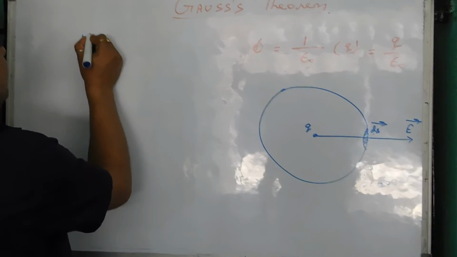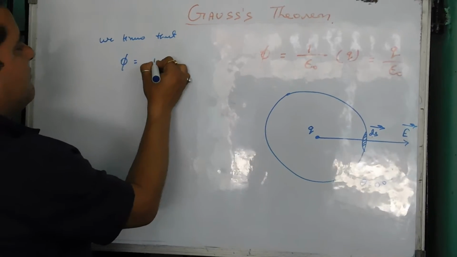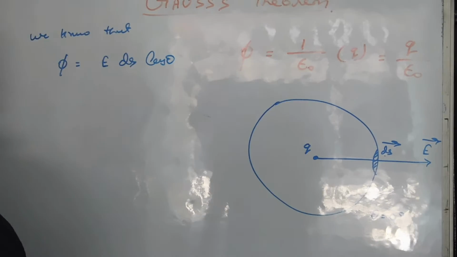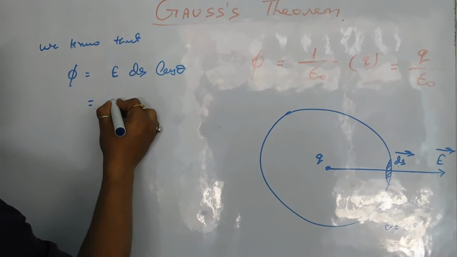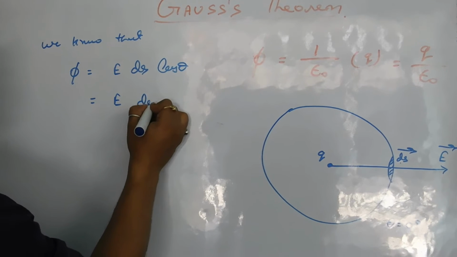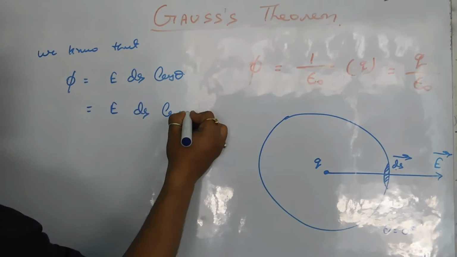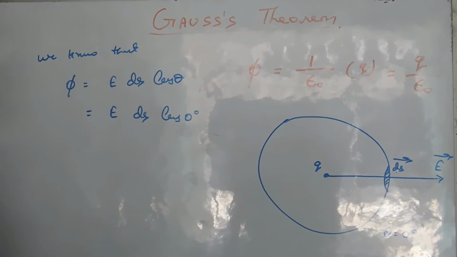We already know that phi is equal to E ds cos theta. So E ds and cos theta is equal to cos 0 degrees.